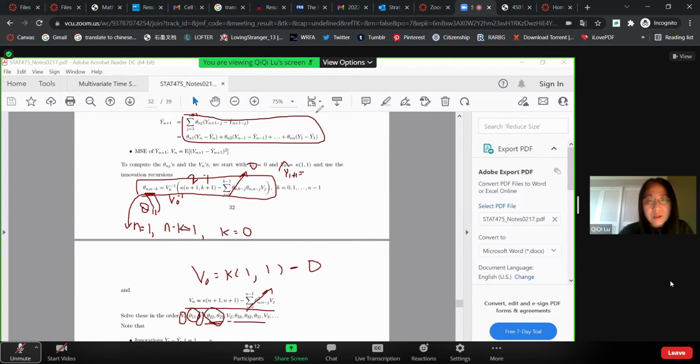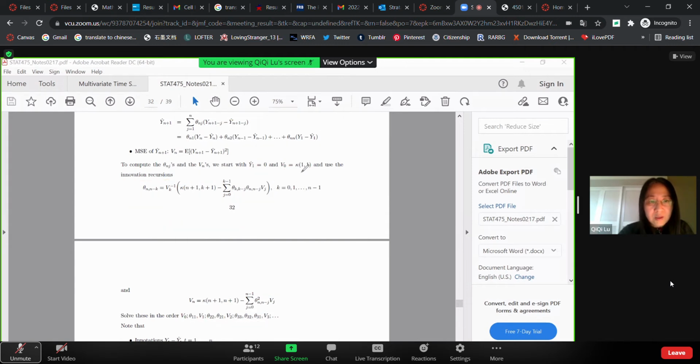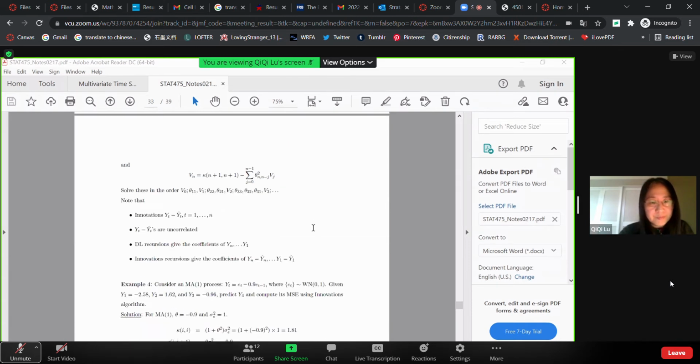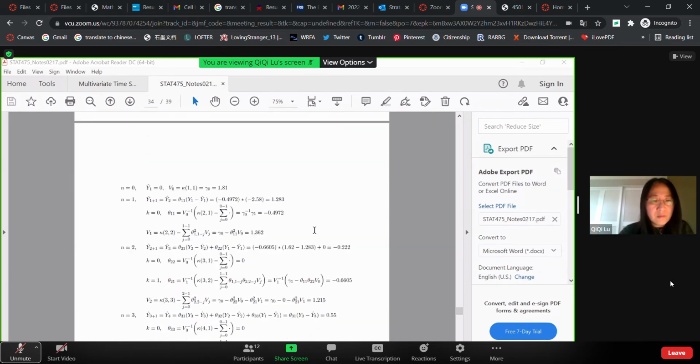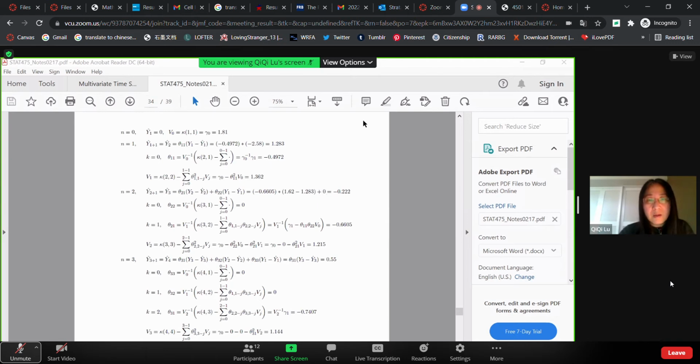So this one here, theta n minus k, theta k. For the MA1 example, we start with n equals 0. So y1 hat is 0 when we have no data, right?